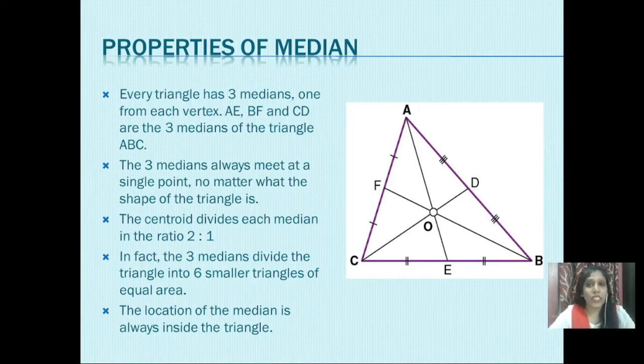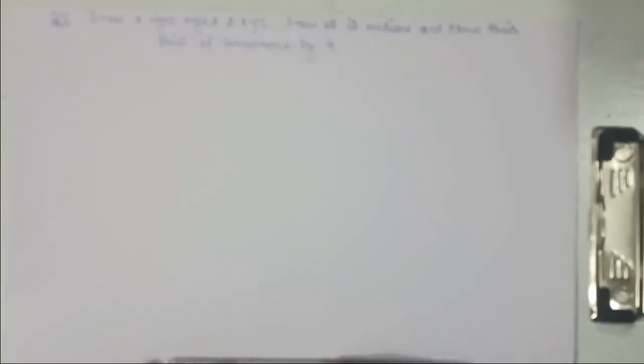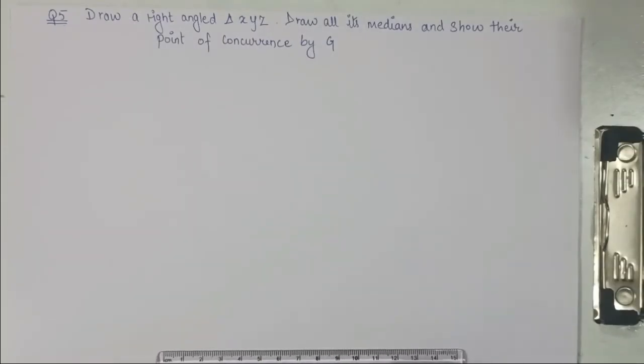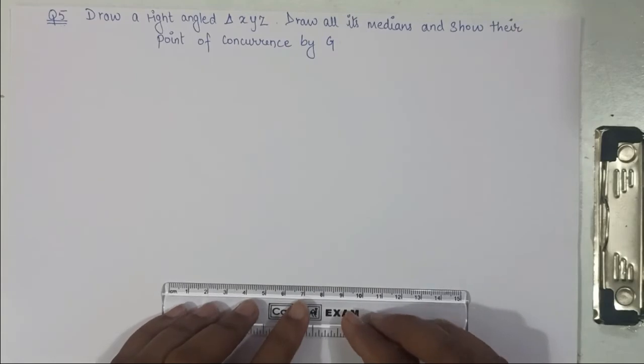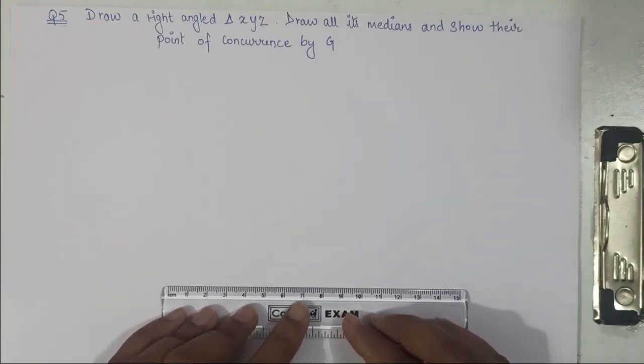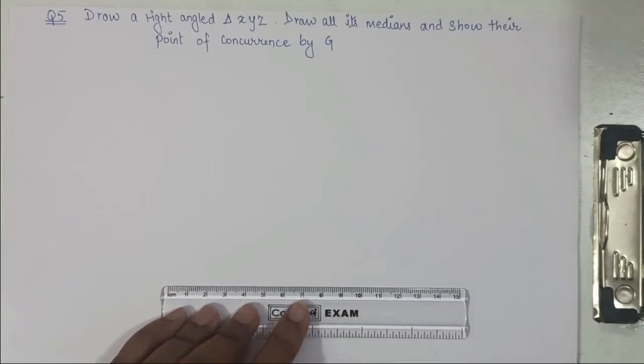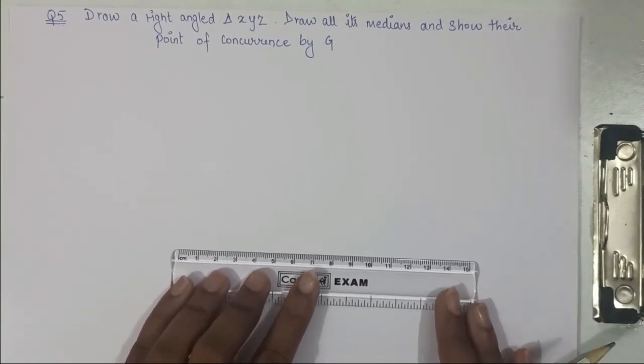Now we will see how to draw the medians of the triangle. So children, now we are going to learn how to draw a right angle triangle and show all its medians. Okay, let us start.